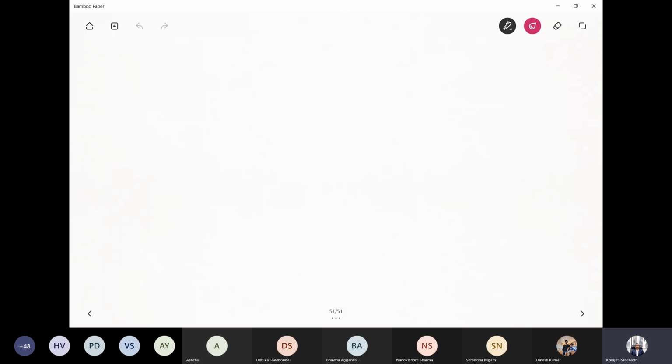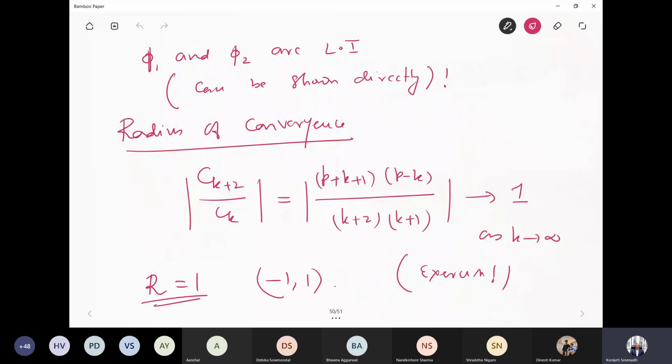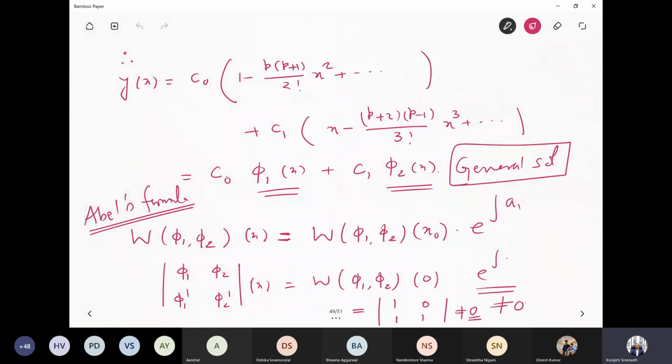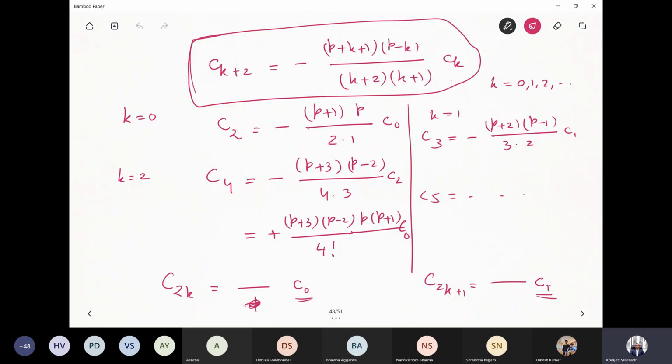Okay, so now the importance of this Legendre equation is the Legendre polynomials. So what are these Legendre polynomials? If you see the equation, the coefficients that I got: if I take p equals 1, then C3 becomes 0.